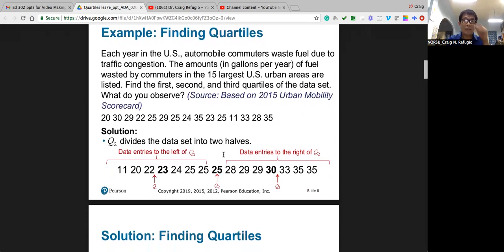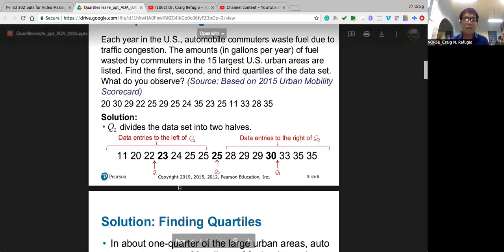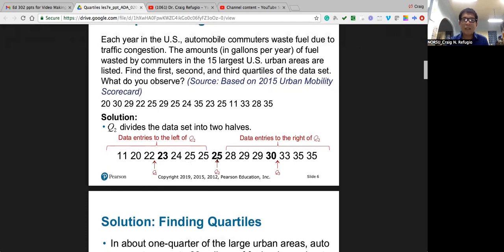Ordering the data, we have 11, 20, 22, 23, 24, 25, 25, 25, 28, 29, 29, 30, 33, 35, then 35. We first look at how many data are in the set. We have 1, 2, 3, 4, 5, 6, 7, 8, 9, 10, 11, 12, 13, 14, 15.